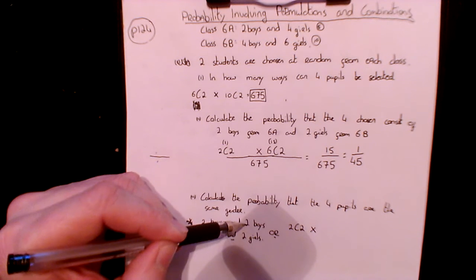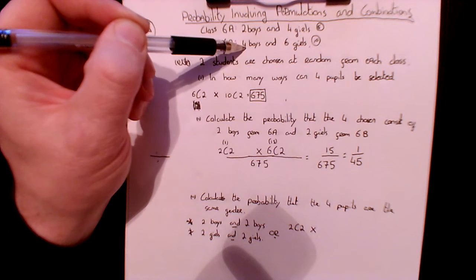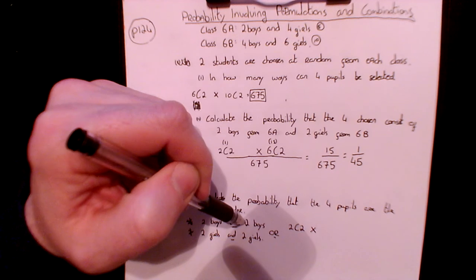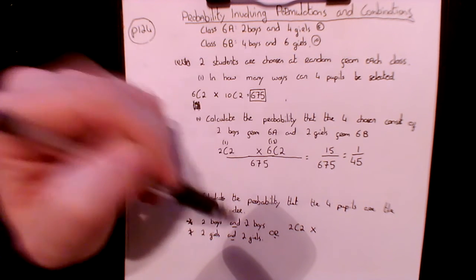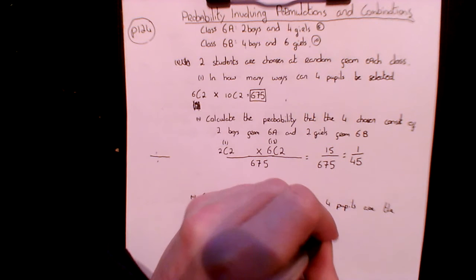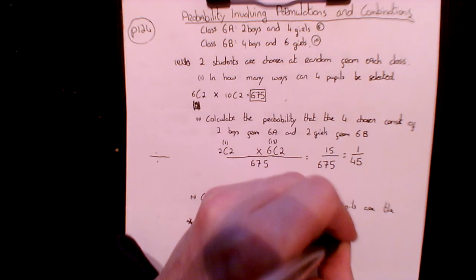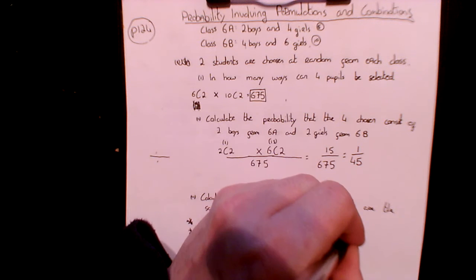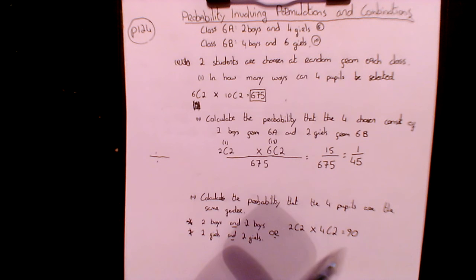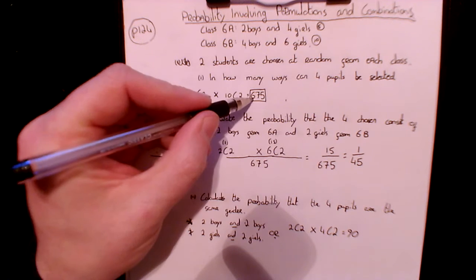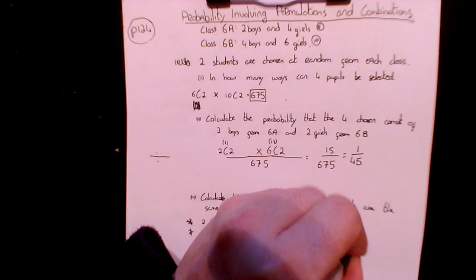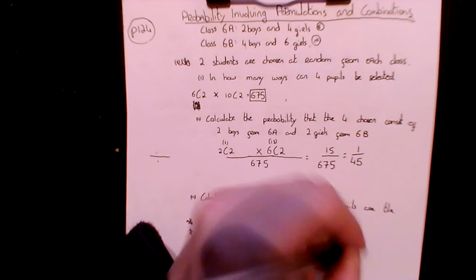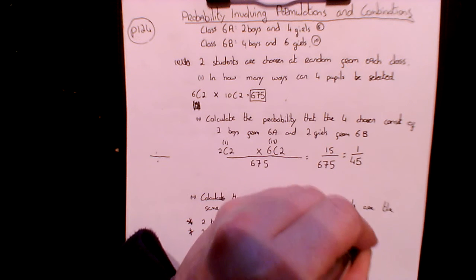And with 4 boys here, we're choosing 2 from them, so it's 4 boys, choose 2. And that'll give us 6. So there's 6 different ways of choosing 2 boys and 2 boys, and there's 675 ways of choosing all together.